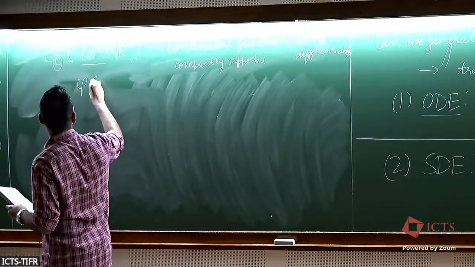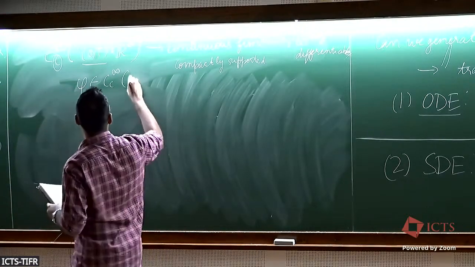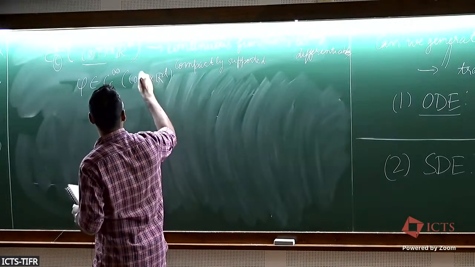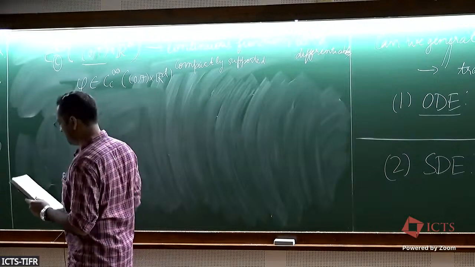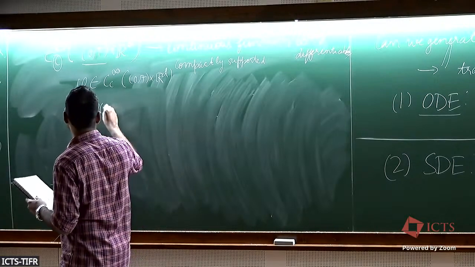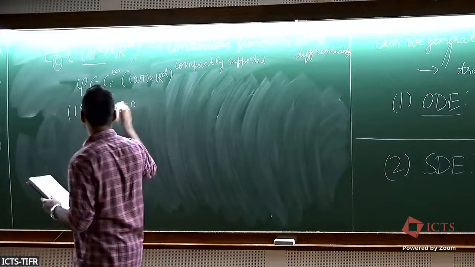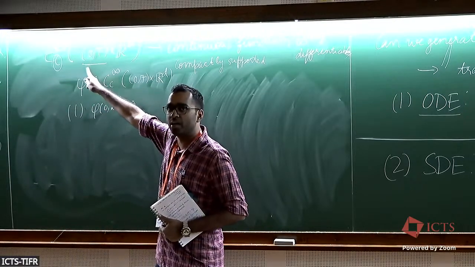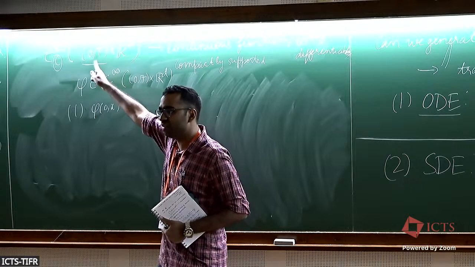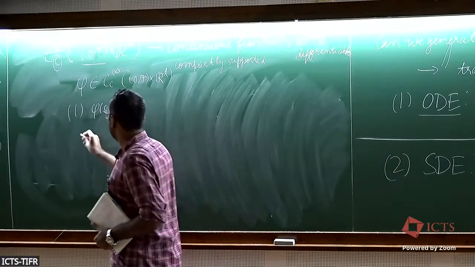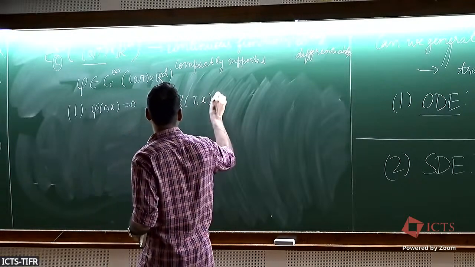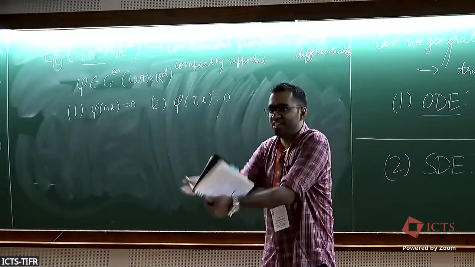If phi belongs to this C_c infinity of (0,T) cross R^d, then the first thing we have is phi of (0, x) must be 0, because this is the boundary of an open set and it cannot be compactly supported if it has a non-zero value there. The second thing is similarly phi of (T, x) is 0, so it vanishes at both endpoints.